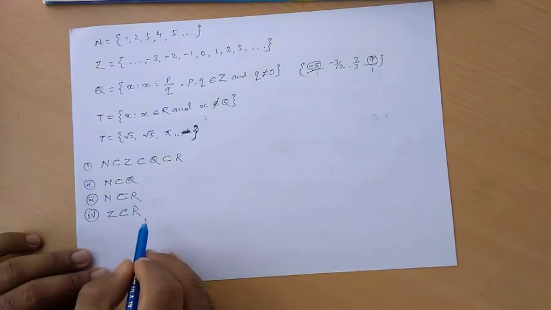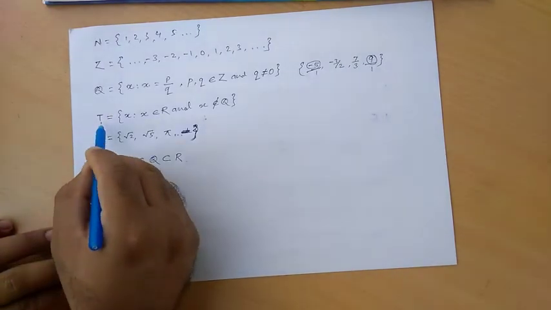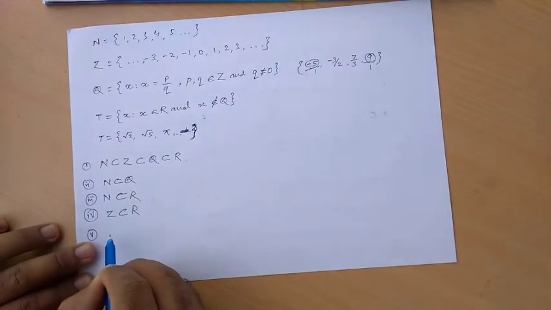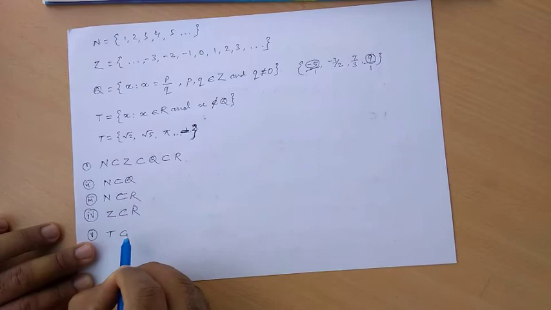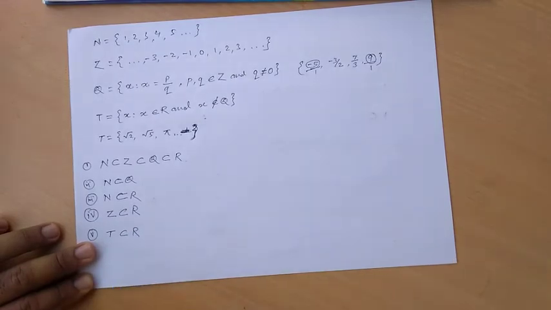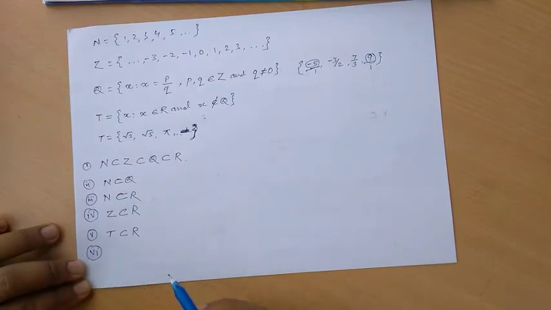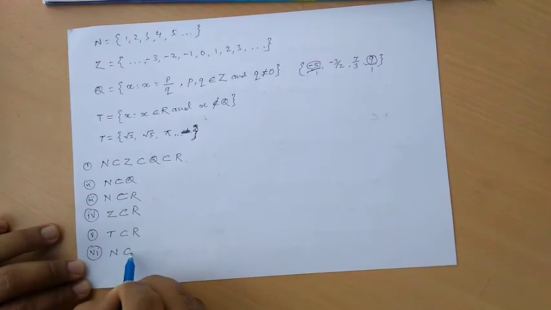And let us see this T. So the fifth point we can see T is also a subset of R, and we can see N is not a subset of T.